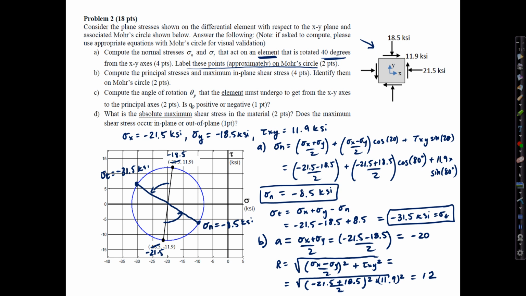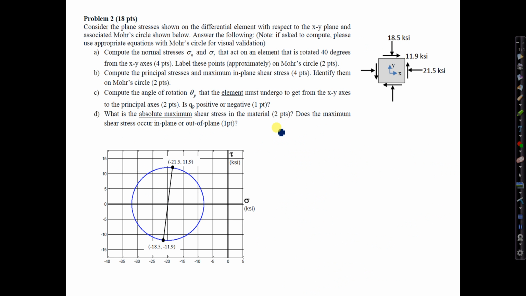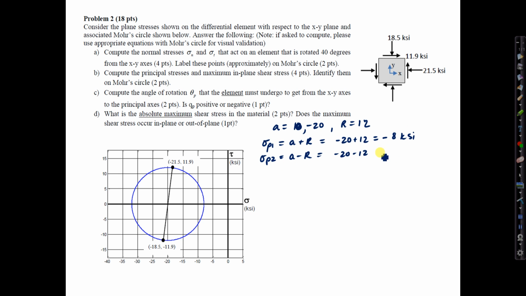I'm going to go ahead and skip to a new sheet. Okay, remember we just computed A equals negative 20 and R equals 12. My principal stresses, sigma P1 is A plus R, is equal to negative 20 plus 12, which is negative 8 KSI, and sigma P2 is equal to A minus R, or negative 20 minus 12, or negative 32 KSI.